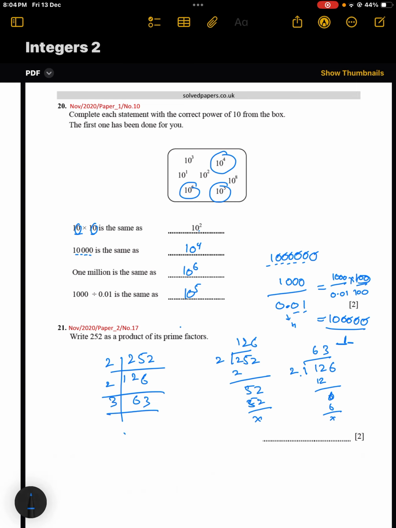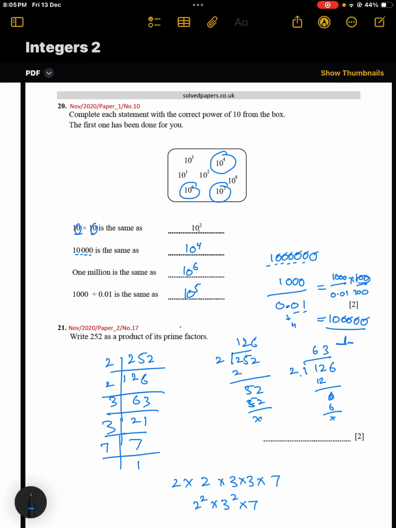So we'll go with the table of 3. 3 times 21, again 7, and again 7. So this will be 2 times 2 times 3 times 3 times 7. We can better write it as 2 to power square times 3 to power square times 7.